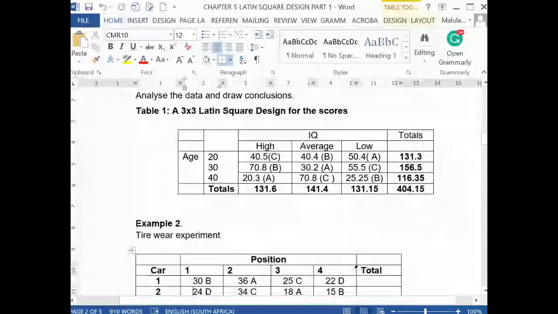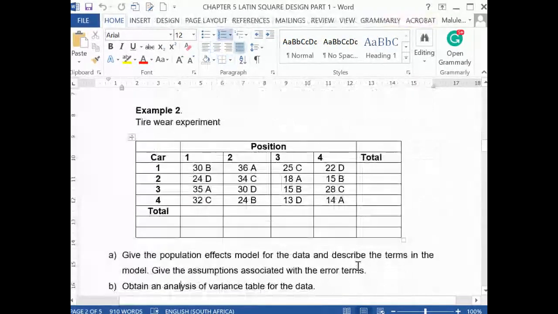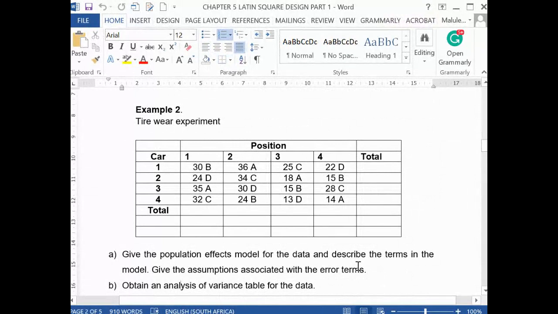Example 2 is related to that problem that we have been doing since we started with chapter 3.